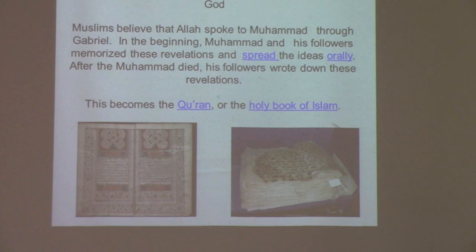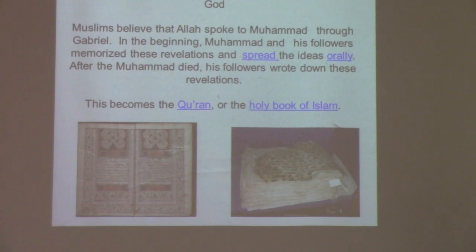And the teaching, what Muhammad brought, will be basically there is only one God, and that is Allah. There are no other gods besides him. And since Gabriel spoke to Muhammad, Muhammad transmitted things orally.